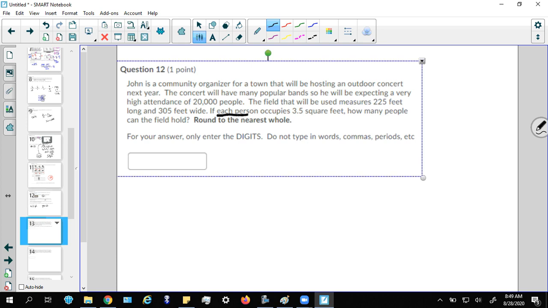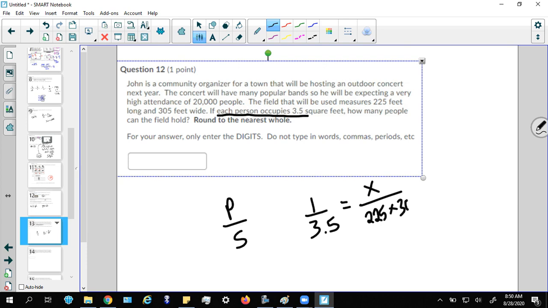If each person occupies 3.5 square feet, so when I create a proportion, 1 over 3.5, because remember, I always like to do people over space. How many people X can fit into a space that is 225 by 305? Notice that I'm not using this 20,000. I don't care about it, it's extra information.